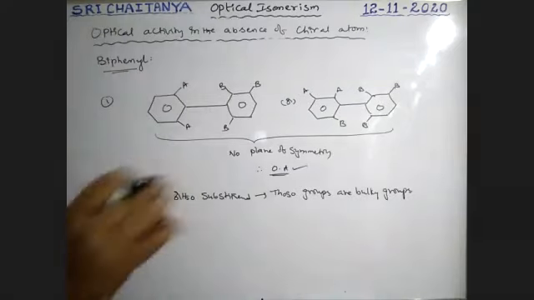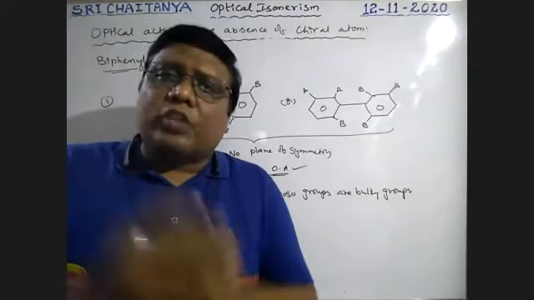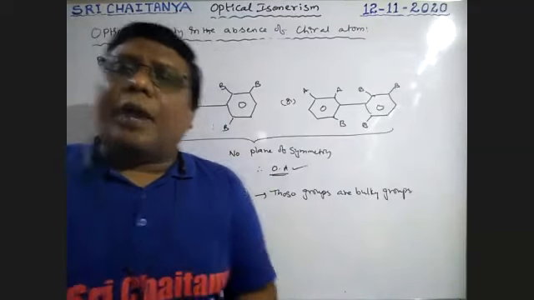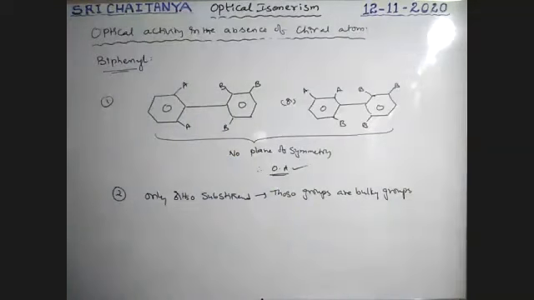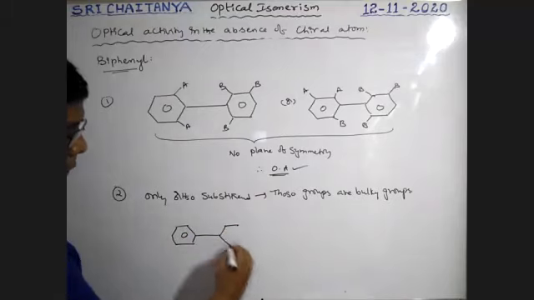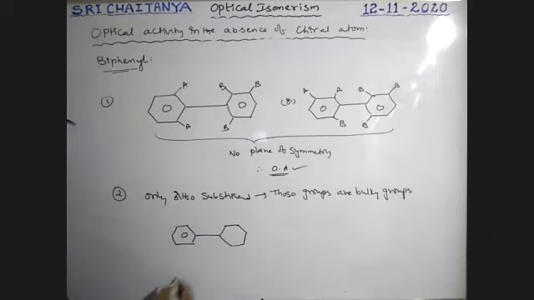That means heavy groups, boys. If heavy groups are only at ortho substitution, so those also may be optically active, not exactly always. So see here, example, bulky groups. See here, only ortho substituents, boys.